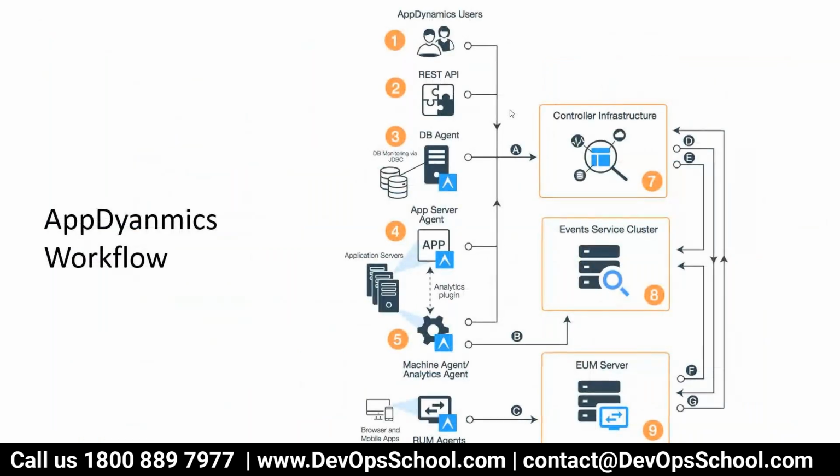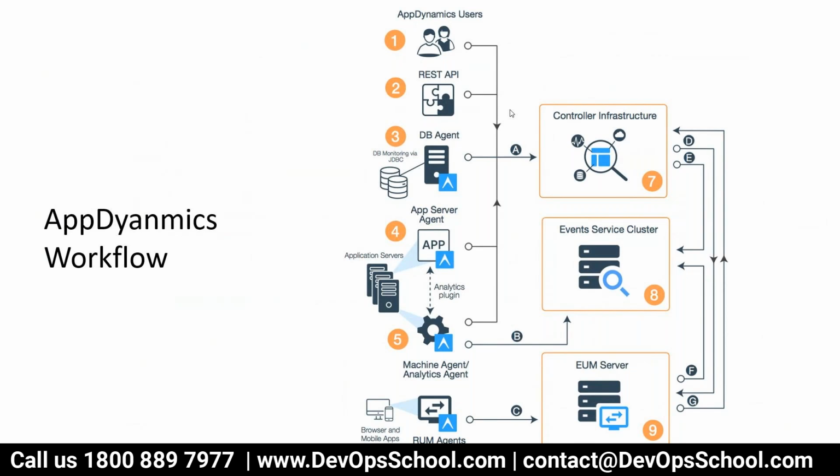I think this is one of the consolidated views. You see step number 1, 2 REST API, 3 DB agent, 4th app server agent, 5th machine agent, 6th analytics agent.